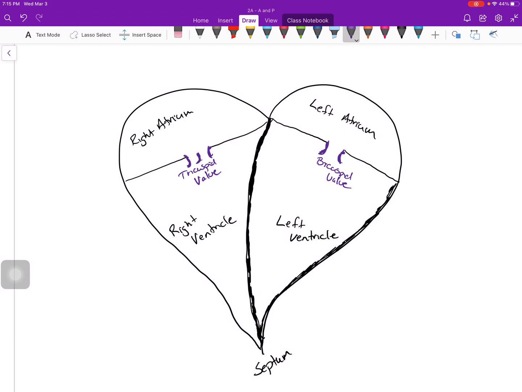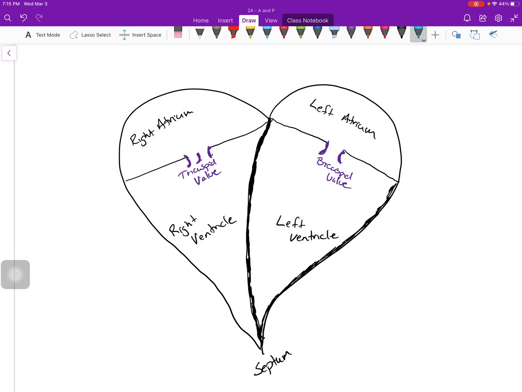So the next thing that we have to do is we need to add some of what we refer to as our greater vessels. So I'm going to change colors here, and I have to draw a valve first. And this valve is semilunar, so it's half moon shaped.